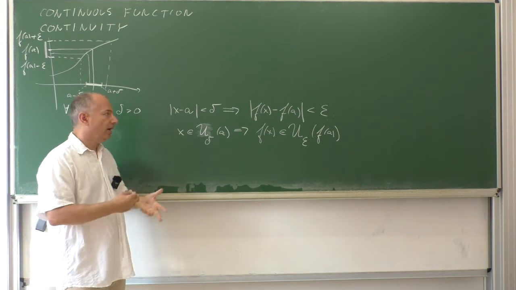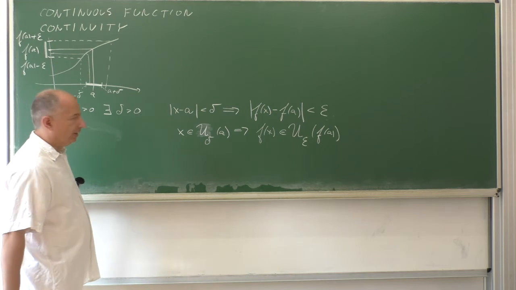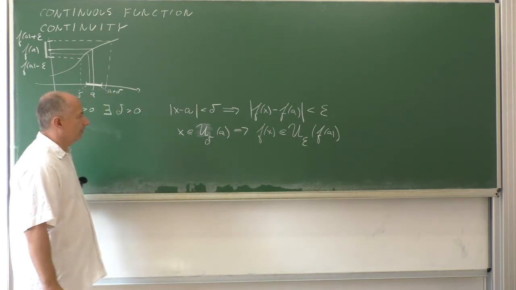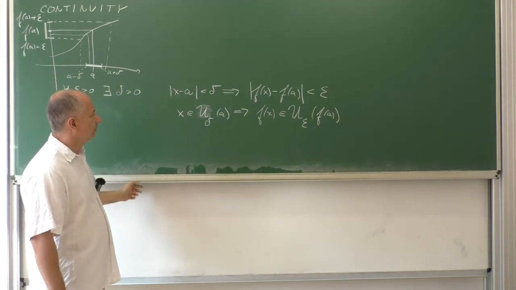This is the usual notation. If you write it the other way around, if you swap the two letters everywhere, it's also a valid definition. But this is the way it is most often written. We can write it still in a different way.